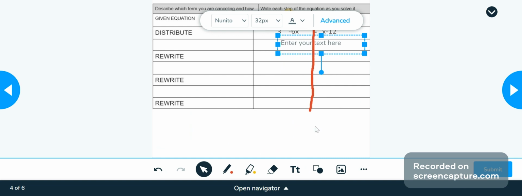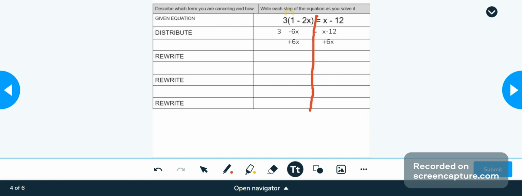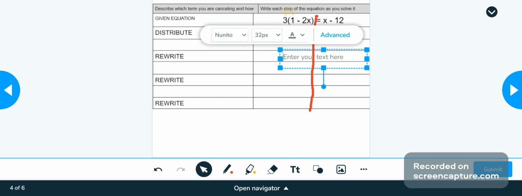In this case, the minus 6 is smaller, and the opposite of minus 6 is plus 6. So we're going to add 6 x's to the left side, and we're going to add 6 x's to the right side. x plus another 6 x's makes a total of 7 x's, and that is what I'm going to bring down here. My 3 is going to equal those 7 x's minus 12.